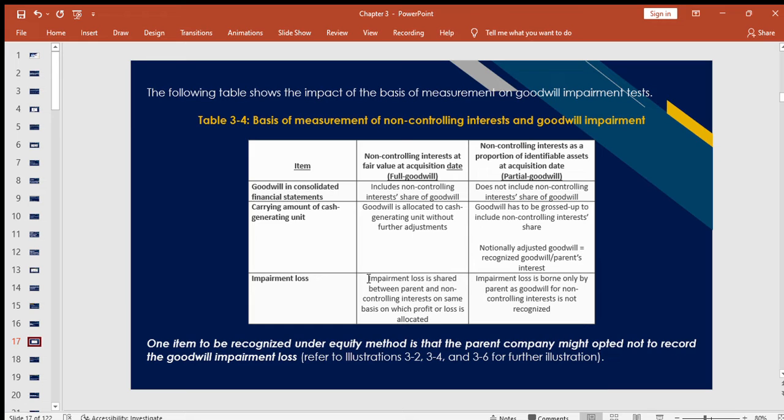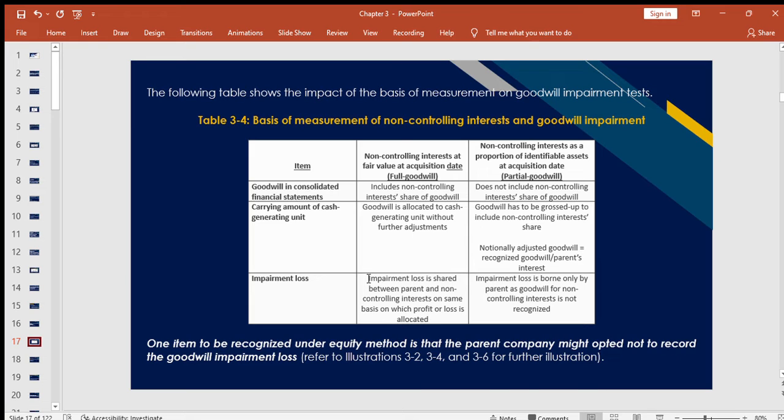The carrying amount of cash generating unit goodwill is allocated to cash generating units without further adjustment. While in our partial goodwill approach, goodwill has to be grossed up to include the non-controlling interest share, notionally adjusted. Goodwill is equal to recognized goodwill divided by the parent's interest. Then impairment loss is shared between the parent and the non-controlling interest.